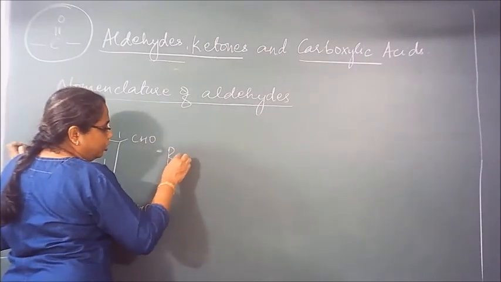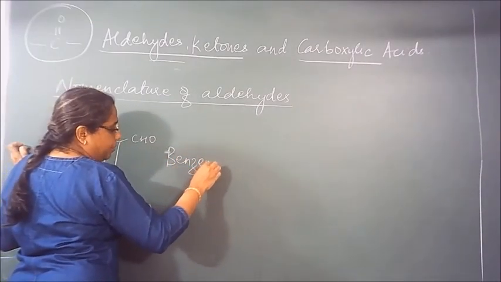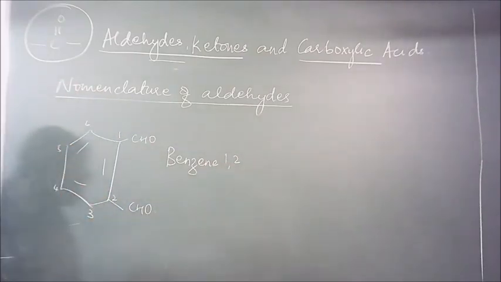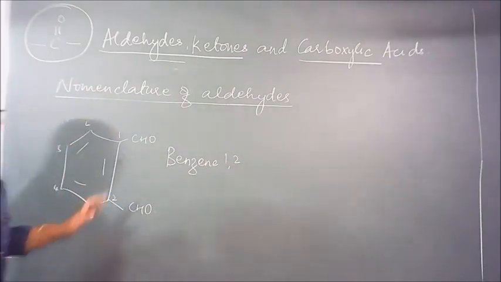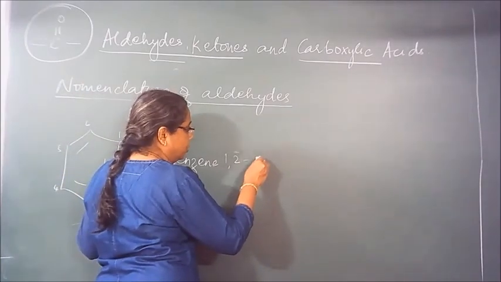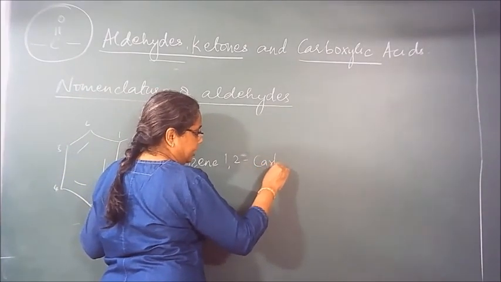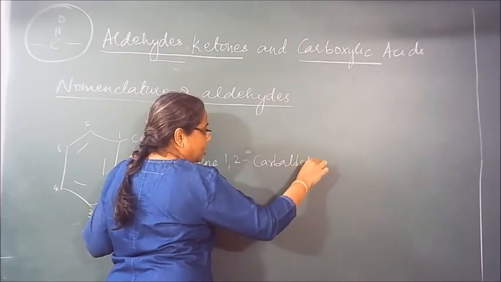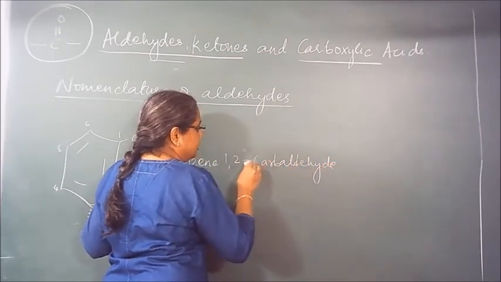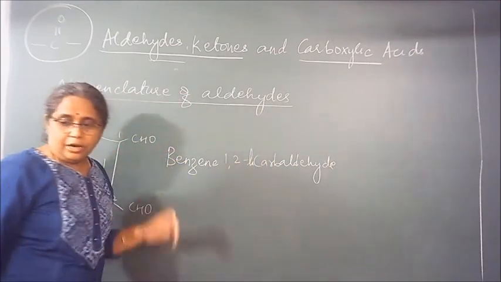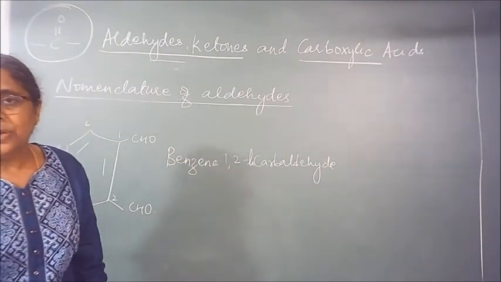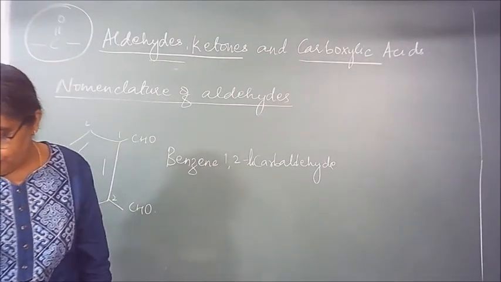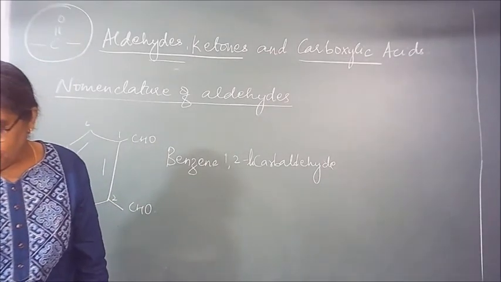So this compound can also be written as benzene 1, 2. How many times CHO? 2 times. So it is called benzene-1,2-dicarbaldehyde.